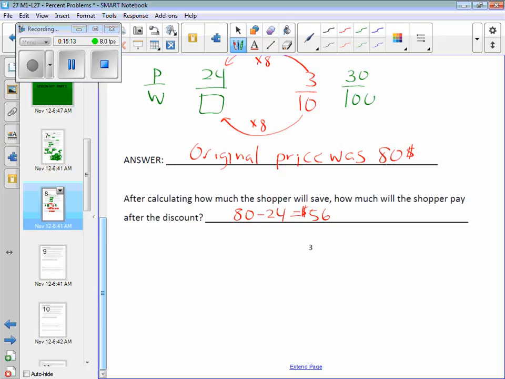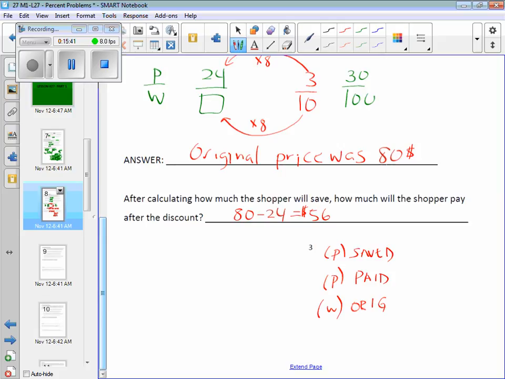Watch how I'm going to set this up. Get into the idea. It's saved, paid, and original. Now, it's going to be a little different when we do taxes and tips, but it's the same idea. It's part whole. Put a little P and W in parentheses right before it.